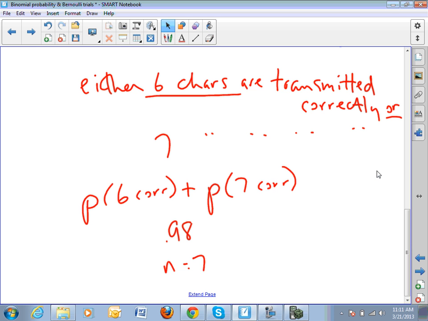It is, yeah, because 1 minus the probability of 0 through 5 characters being transmitted correctly leaves you with the probability of 6 or 7. So yes, that should give you exactly the same answer.